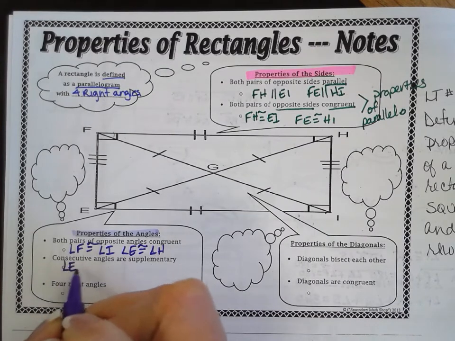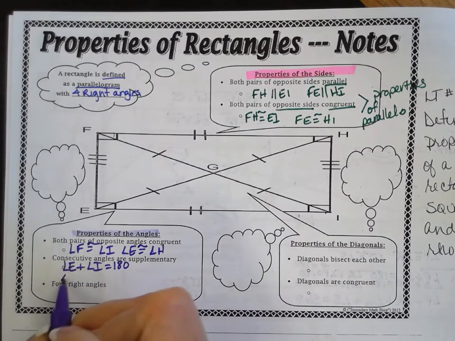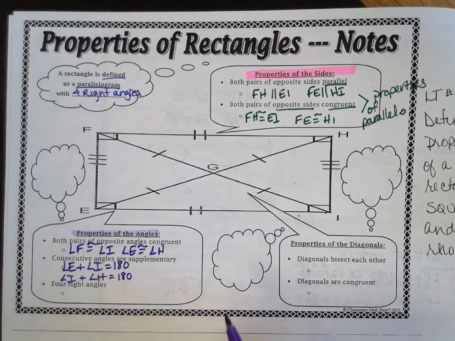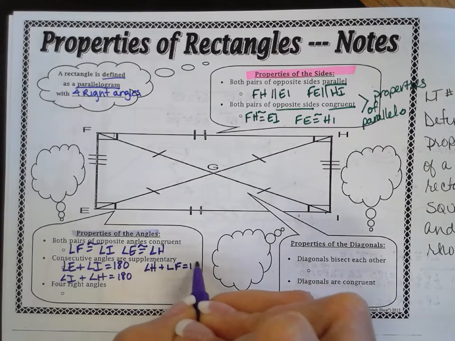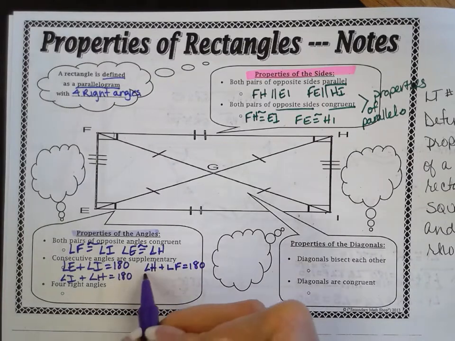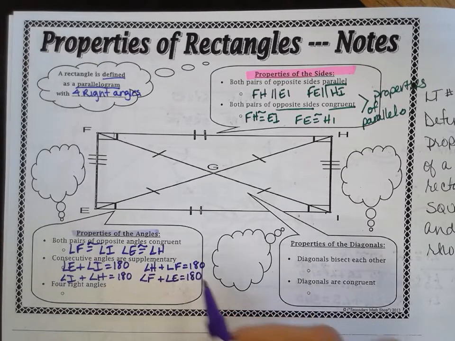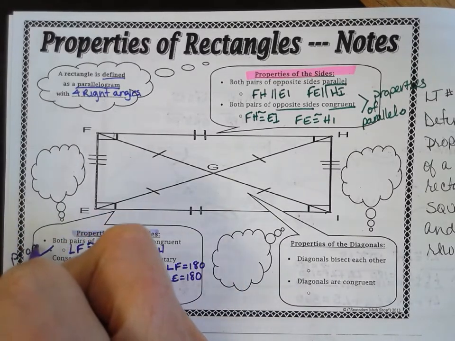So angle E plus angle I is going to be 180. Angle I plus angle H is equal to 180. Angle H plus angle F is equal to 180. And angle F plus angle E is going to be equal to 180. All right? Those are properties of a parallelogram.